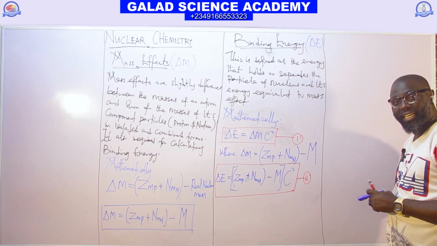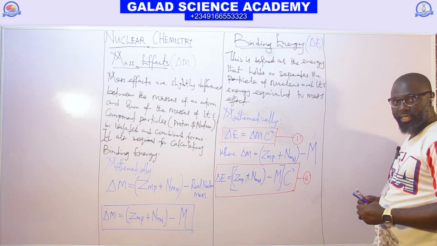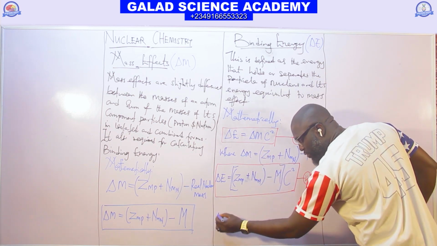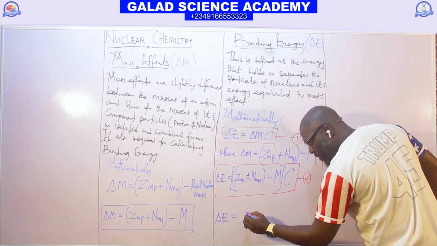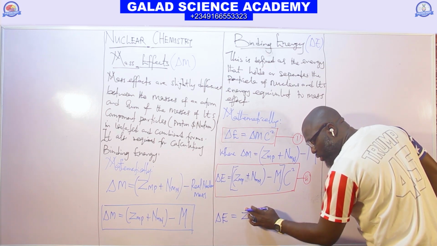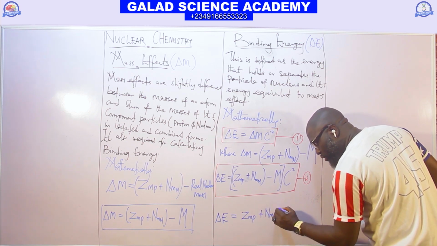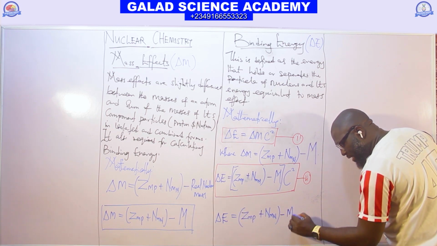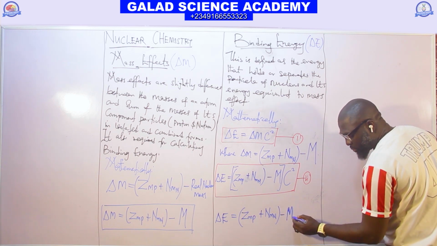We can also express the binding energy in terms of universal atomic mass unit. So in terms of that, we have change in E equal to the total number of proton times mass of proton plus total number of neutron times mass of neutron, minus the real atomic mass of the atom.